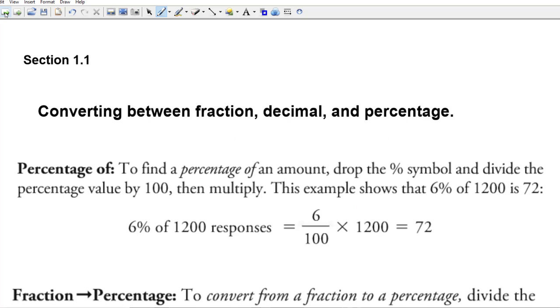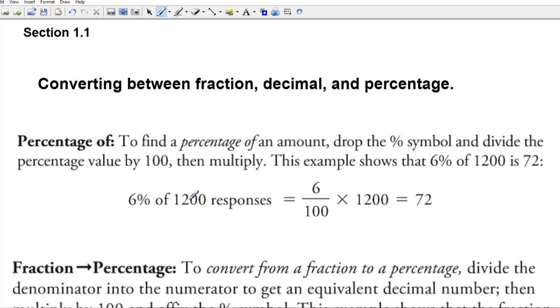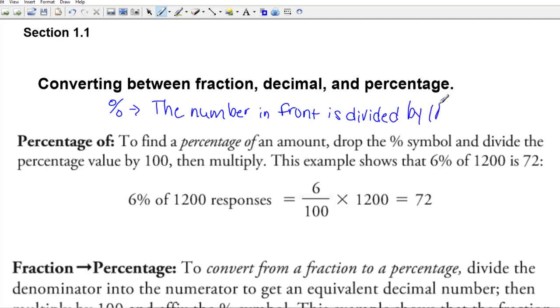Okay, on this side, we have some math review. This is going to be to find a percentage. If you look at this, you want to remember that if it's a percent, the number in front is divided by 100.